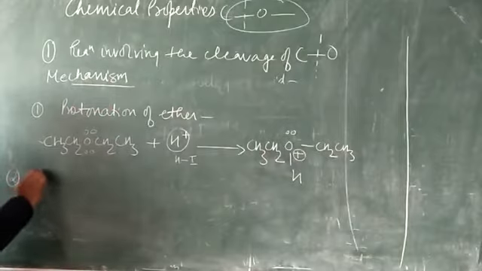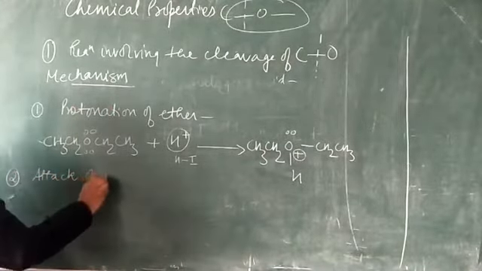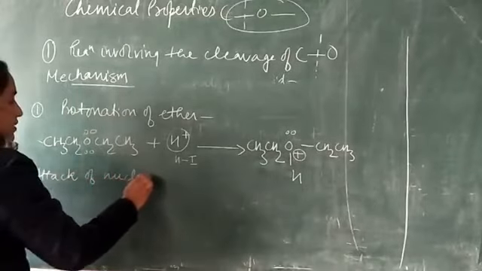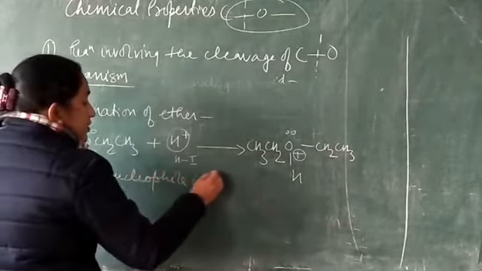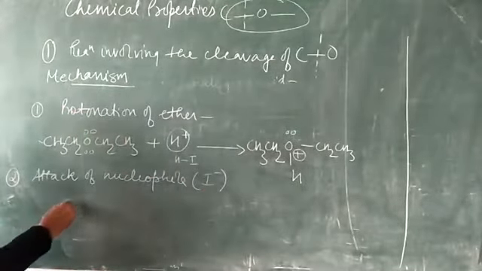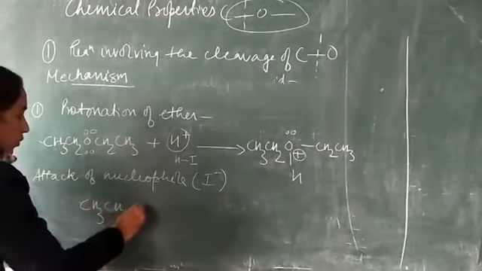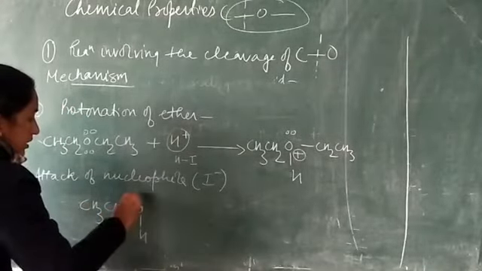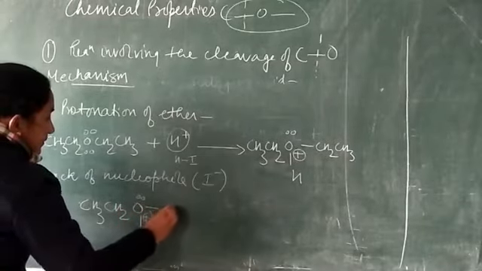Now the second step is the attack of the nucleophile. Which one is the nucleophile here? Students, it is the I negative, and it is going to attack. Now we will write it as CH3CH2O, with H here, one lone pair, and the positive charge on the oxygen atom.